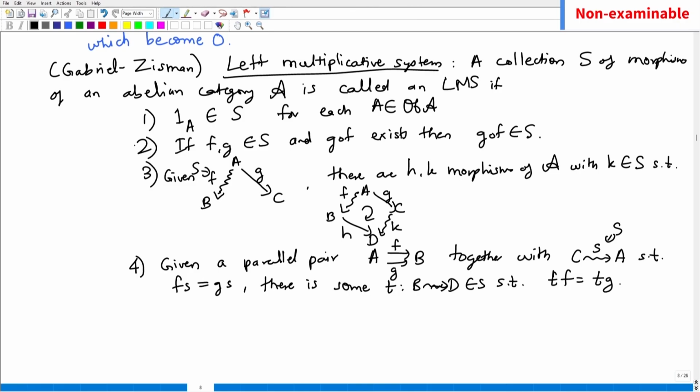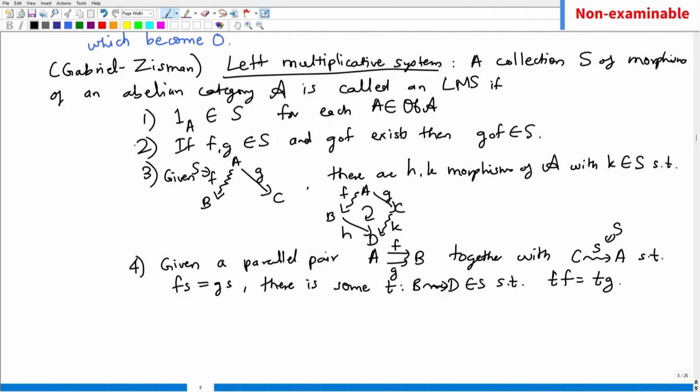So if this parallel pair can be weakly equalized on the left by a morphism in this multiplicative system, then something similar happens on the right as well.